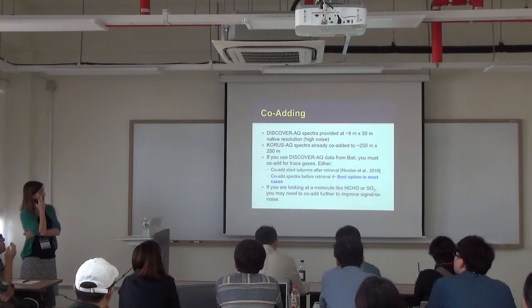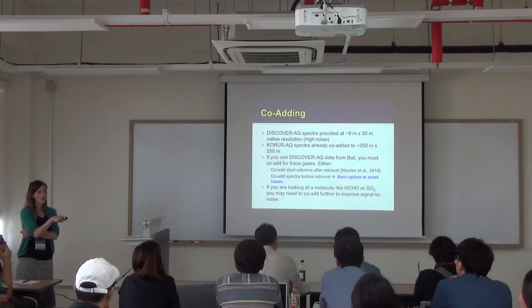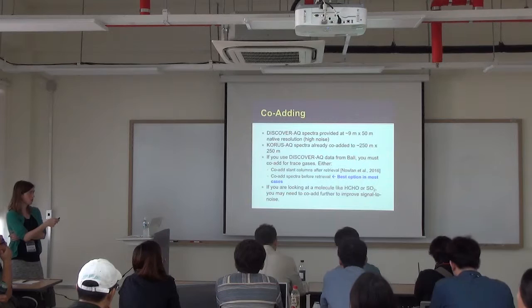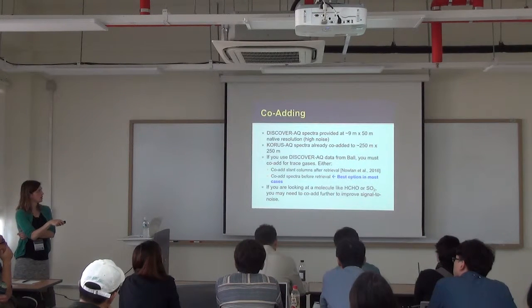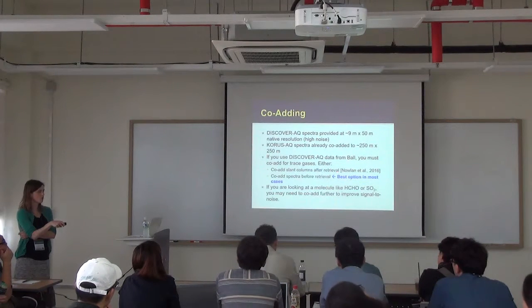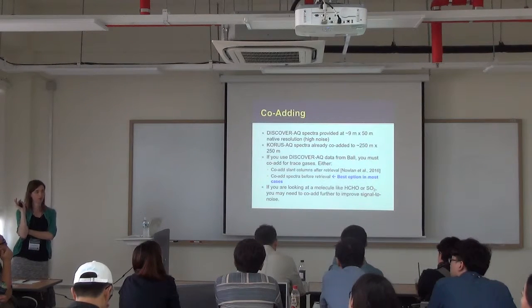So when you co-add the data, for Discover AQ you'll have to co-add. Chorus AQ you won't have to co-add unless you're doing maybe something like SO2 or formaldehyde, and then maybe you want to. You can do two choices. You can co-add the slant columns after the retrieval. So you do a retrieval on 1,000 cross-track pixels.